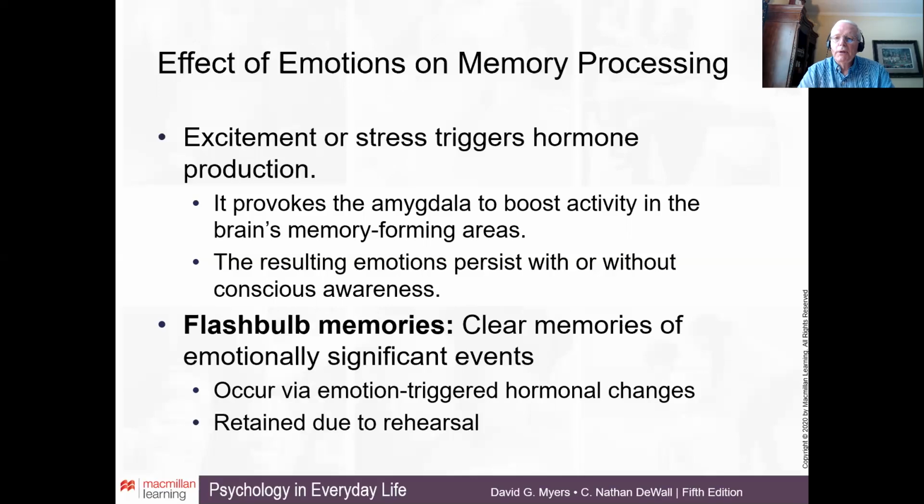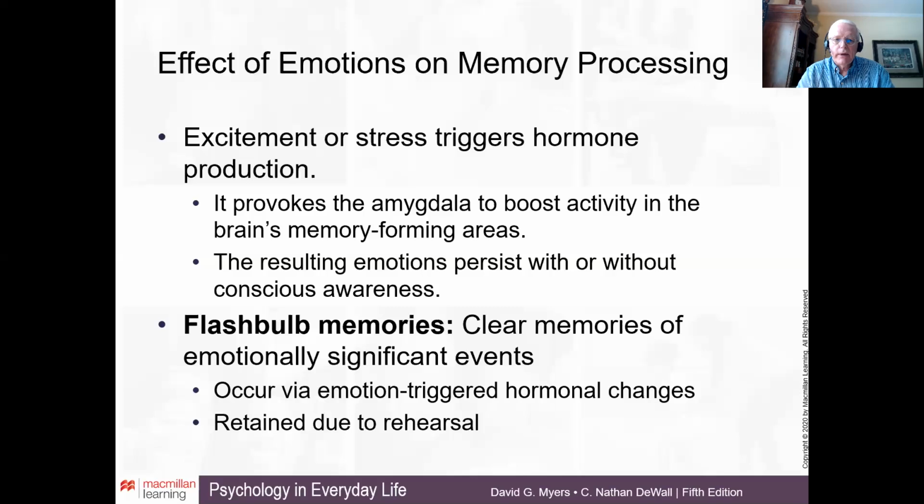And researchers believe that what may be occurring when we have these kinds of very vivid memories that we can recall many years later is that there's a heightened physiological arousal that occurs in our bodies, and that affects brain functioning as well in a way that tends to stamp in these memories even more strongly.